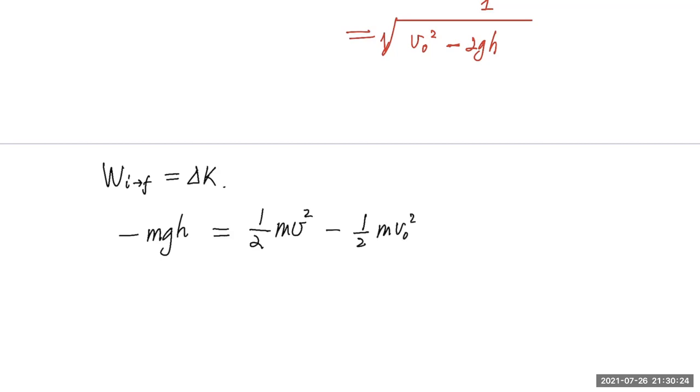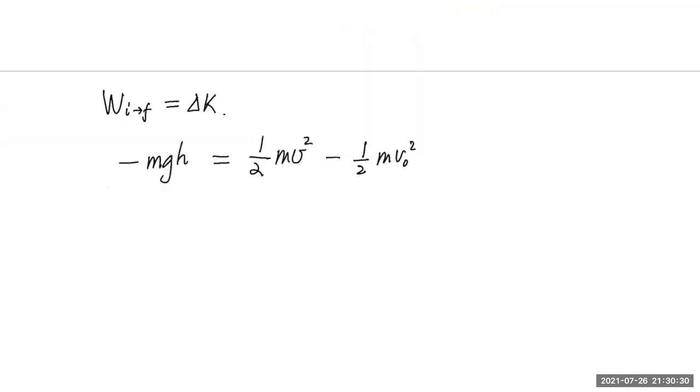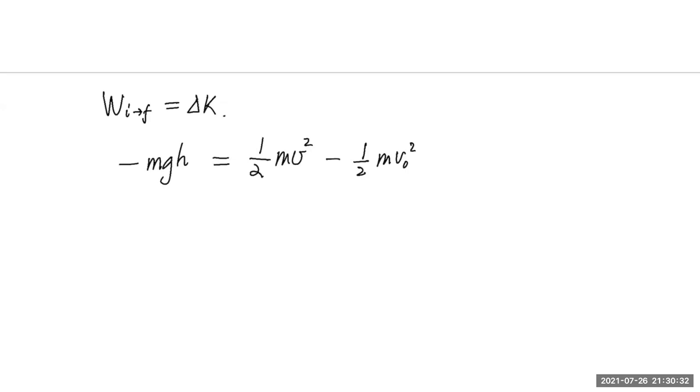The angle phi has no position in the expression for delta K, so it doesn't matter. What are we looking for? Looking for v, so solve for v. Cross out the mass. Again, the mass doesn't matter, as it shouldn't. Multiply everything by 2, and move the m v naught squared term to the other side.